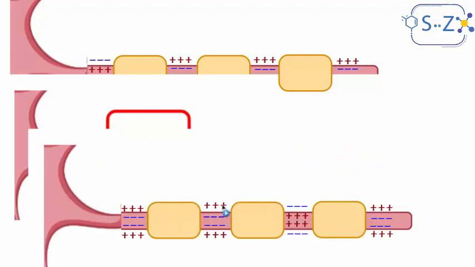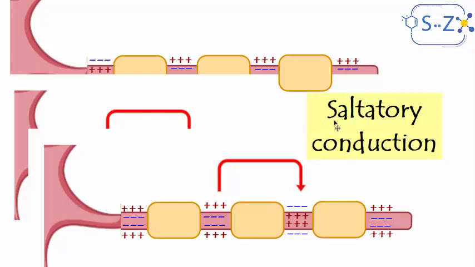Let's say, for example, here the potential difference now moves to the third node of Ranvier as if it is jumping. This movement or conduction is called saltatory conduction, where the action potential moves from one node of Ranvier to another, and this conduction is faster than when there is no myelin sheath, because it is now taking less time to move throughout the long neuron.